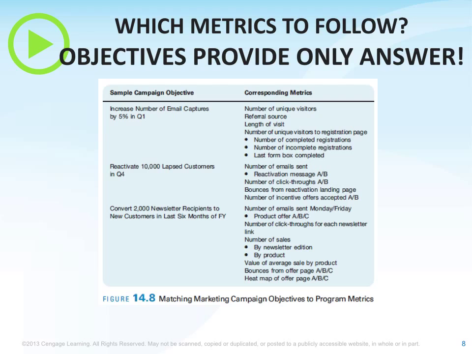So this raises the question of what metrics are most important. And the answer to that is it depends on your objectives. And when you look at the objectives that are stated here, they all have a common characteristic that I say makes for a good objective, and that is they're all quantified.